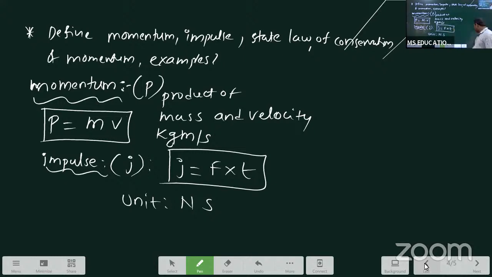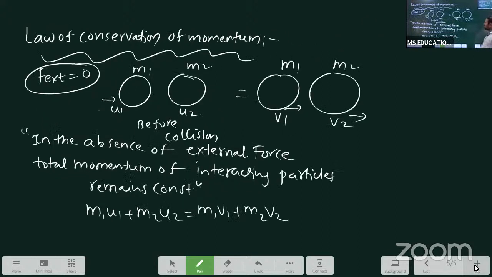This is nothing but impulse. Next, the law of conservation of momentum: external force is zero, momentum constant. In the absence of external force, total momentum of interacting particles remains constant. Momentum before collision and momentum after collision are the same.